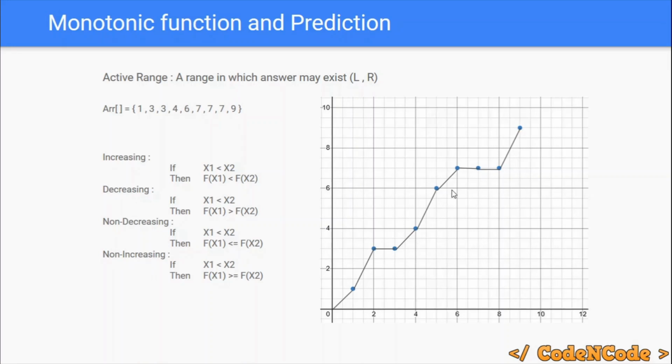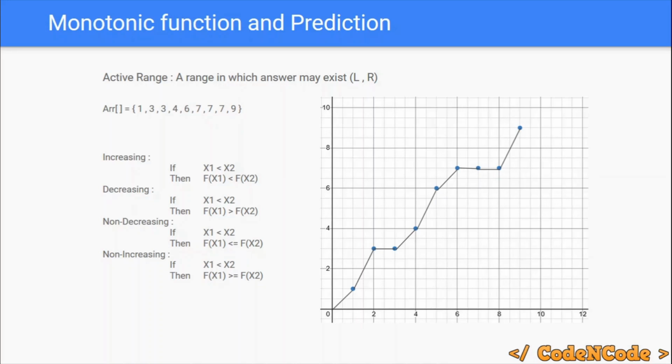So this function right here that you see, after sorting this array, you get this function, and it is actually a non-decreasing function, because every value you take at the ith point is either equal to the previous value or greater than that. For example, this point is greater than this one, but this point is equal to this one. So none of the values, when you move from left to right, is going to be smaller than the previous one.